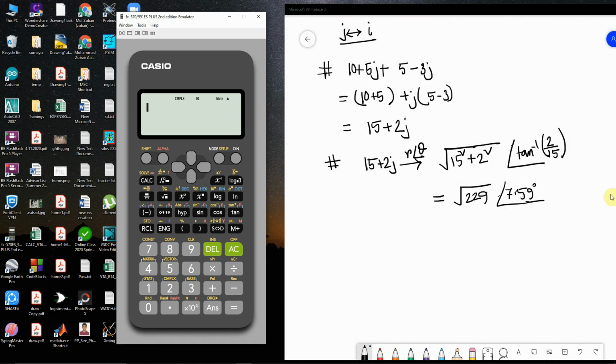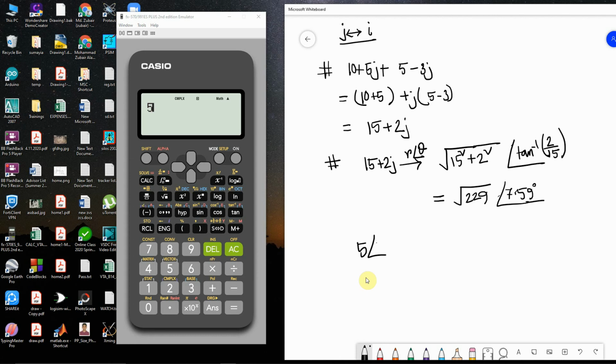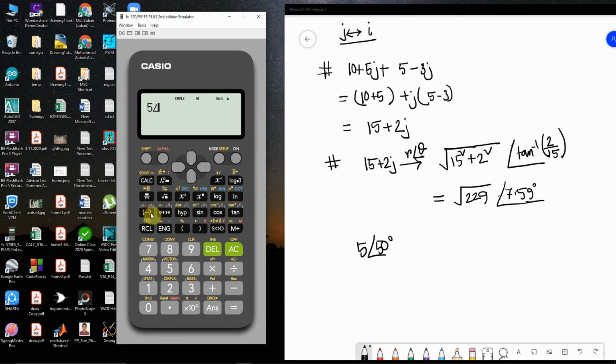Let me give another example. Let's try to write 5 angle 50 degrees. How to write it? 5 at the angle of 50 degrees. See how I write it.